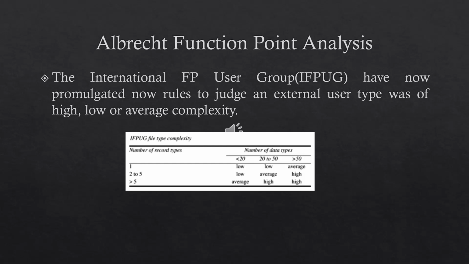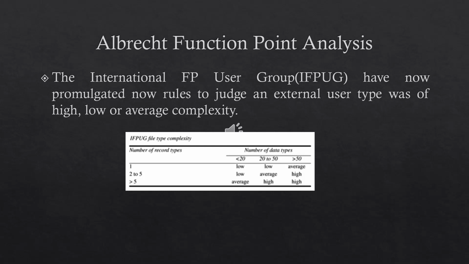Similar tables exist for external input type, external output type, etc. In this table, if the number of record types is 1 and the number of data types is less than 20, it can be considered as low complexity.